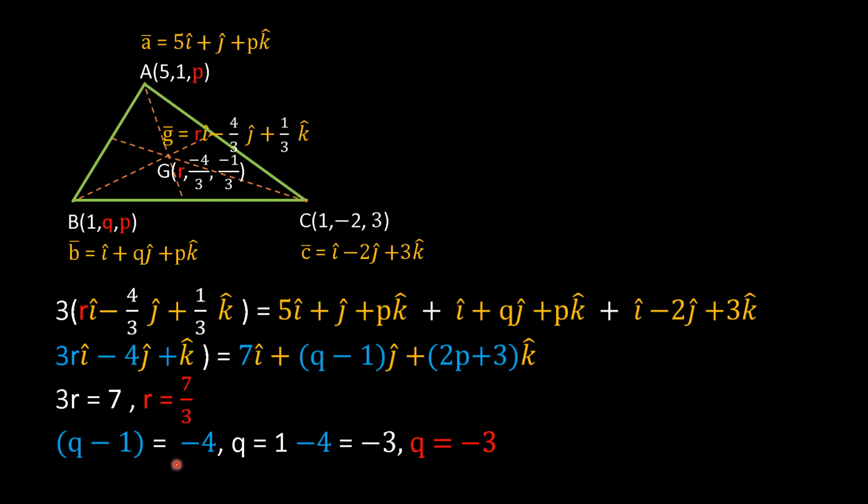So that gives us q equals 1 minus 4, that is minus 3, and q will be minus 3. Finally we have 2p plus 3 equals 1. So that is p will be minus 1. So the value of p will be minus 1.